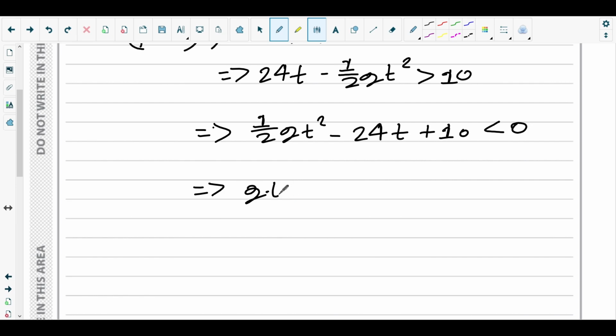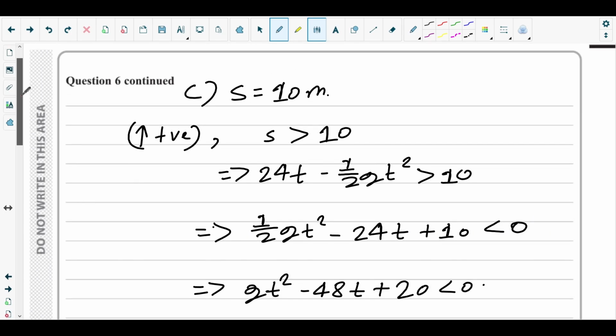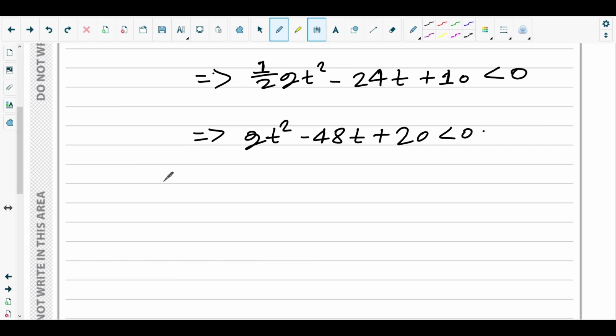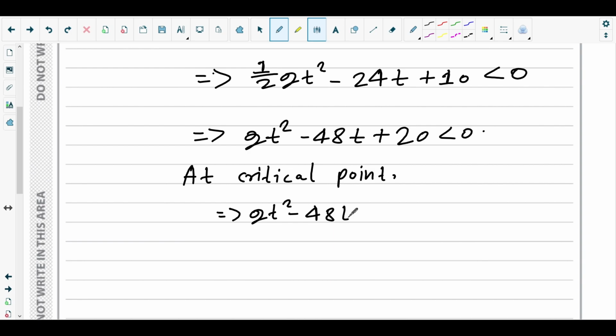So here you get gt squared minus 48t plus 20 less than 0. So we got an inequality, and we need the critical values. At the critical point, gt squared minus 48t plus 20 equals 0.